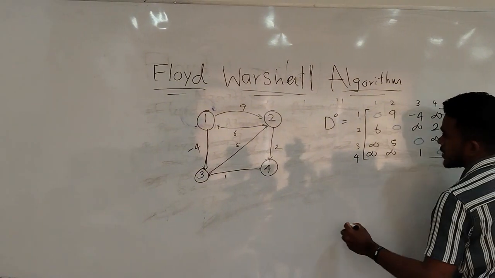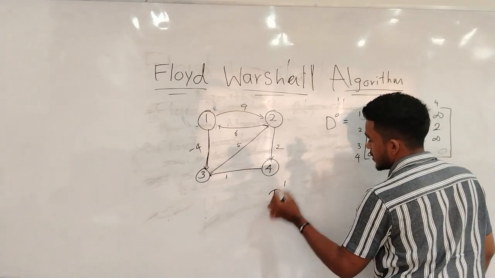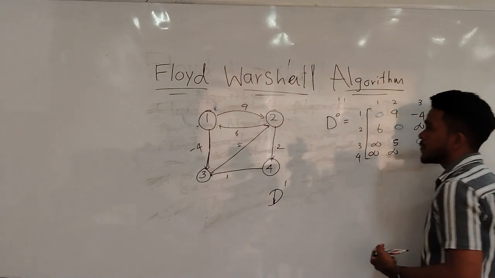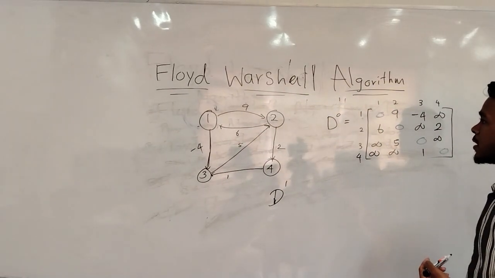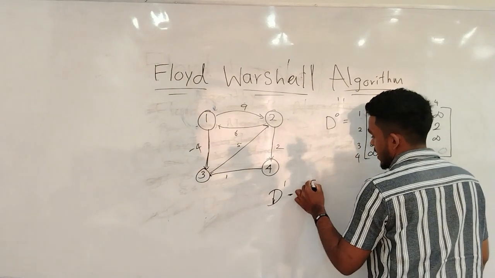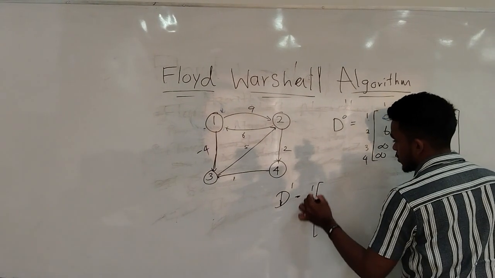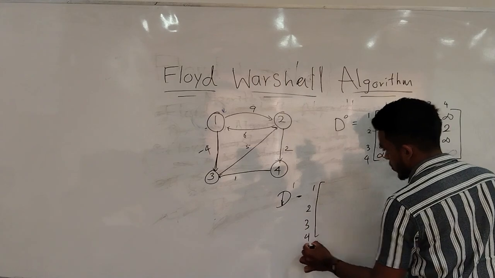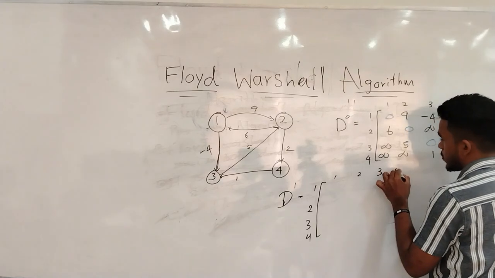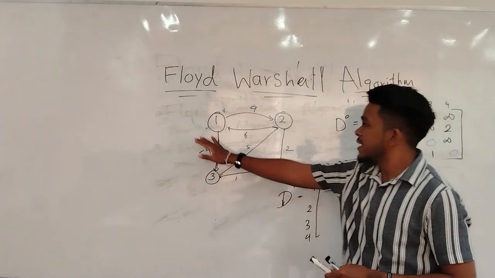In this case we are using another matrix called D1. D1 means that we are starting from vertex 1. As previously said, this matrix is also marked 1, 2, 3, 4. So we are using vertex 1.